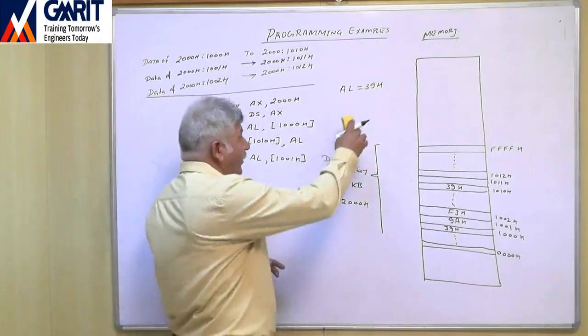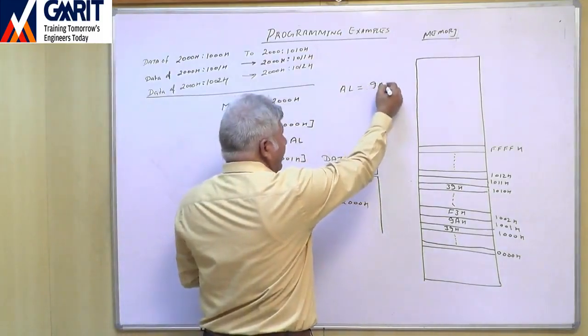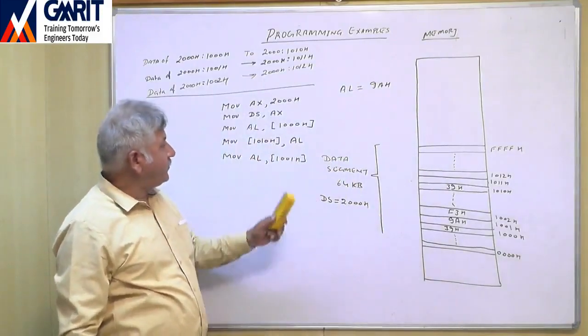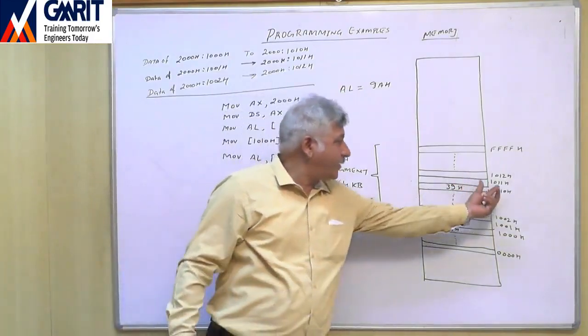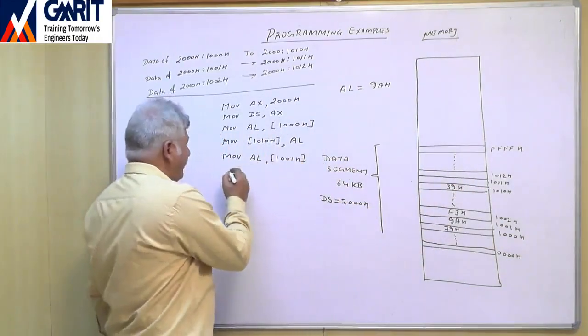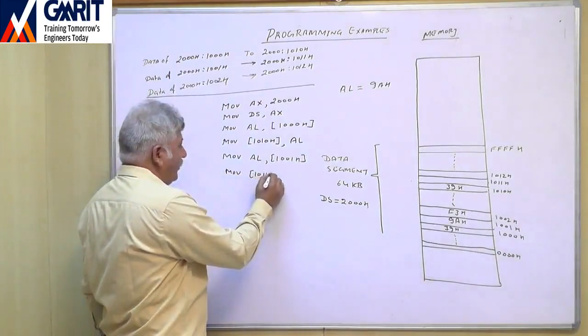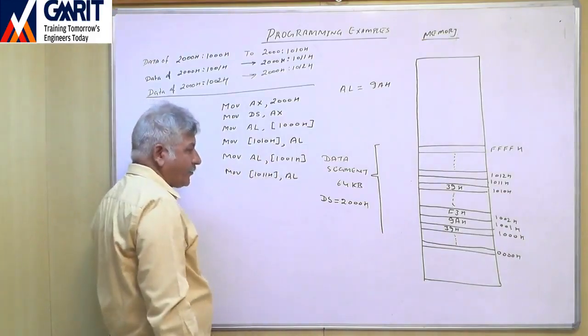So the value of AL will change and it will become 9AH. And now once the data is in AL, we will transfer it from AL to the new offset 1011. So now MOV [1011H], AL. Now our second byte has been transferred.